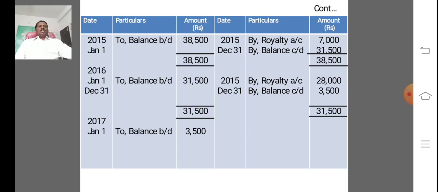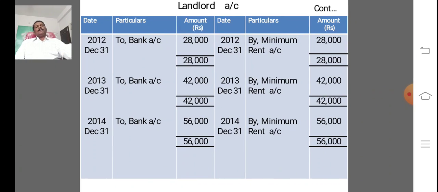Out of 31,500 we recovered in the form of surplus royalty 28,000, and the remaining balance is closing balance 3,500. That 3,500 is brought down to next year 2017 January, balance brought down 3,500.